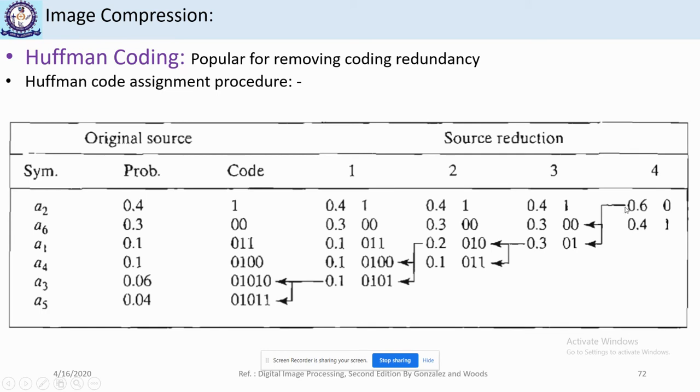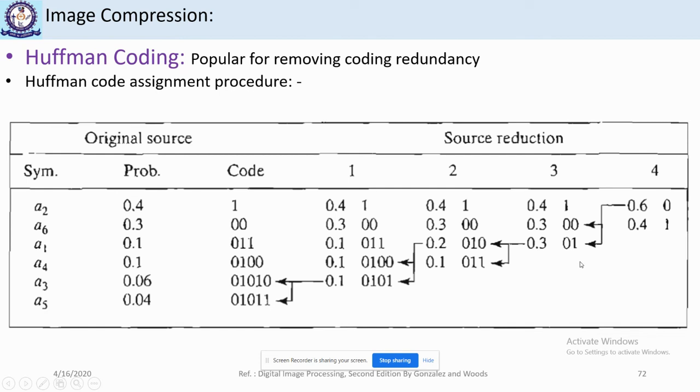Now we know that this 0.6 we got by adding 0.3 and 0.3. So this 0 will go as it is here, and 1 0 will be added, that is, 0 or 1 will be added on the right hand side of this 0 to distinguish between these two probabilities. For one symbol 0 will be added, and for another symbol 1 will be added. Hope this is clear.